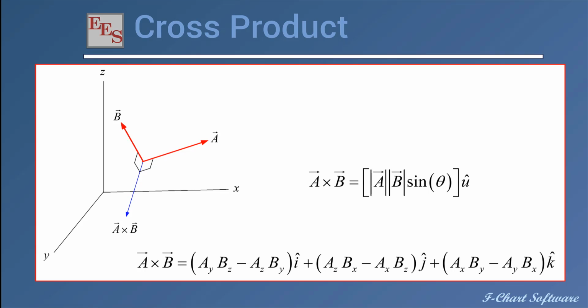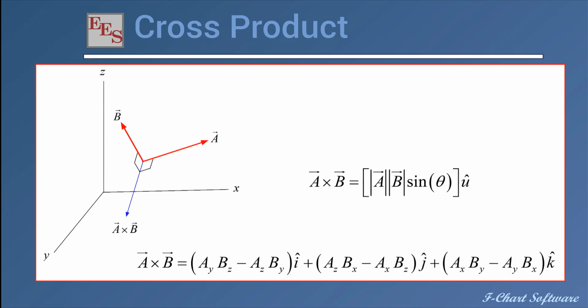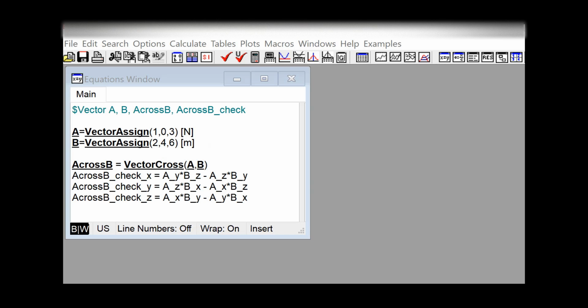In Cartesian coordinates, the cross product is obtained according to this equation. A cross B has three components, i, j, and k, and you get them according to these equations here. The cross product of two 3D vectors in EASE can be obtained using the vector cross function, which takes as its arguments two vector variables.